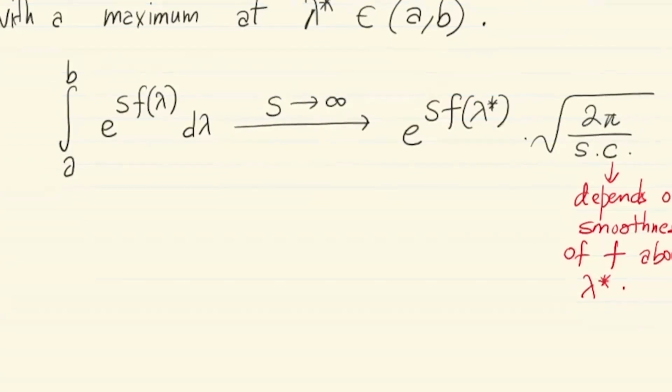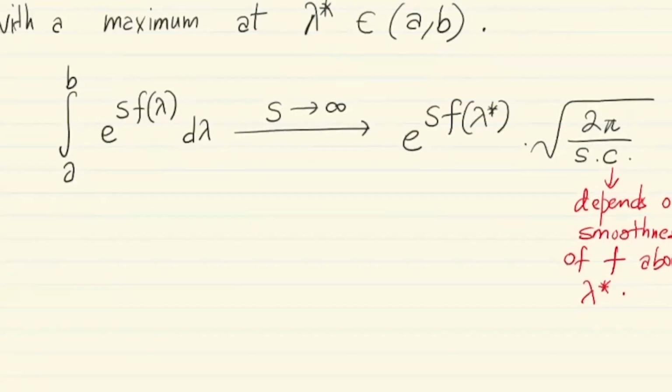It relates to the Hessian, or the second derivative, of f at lambda star.